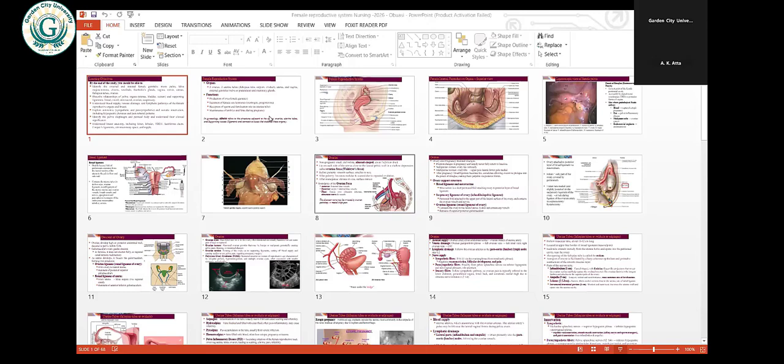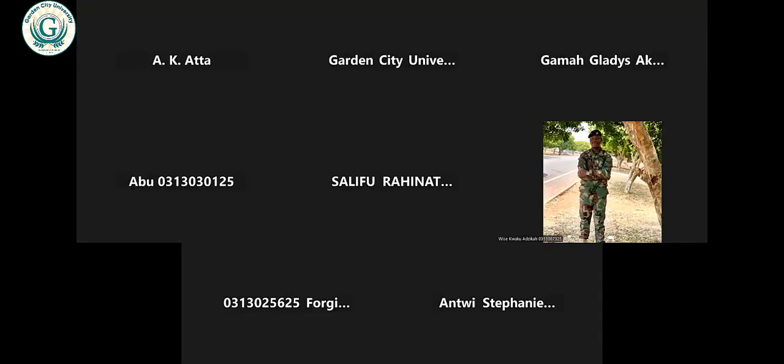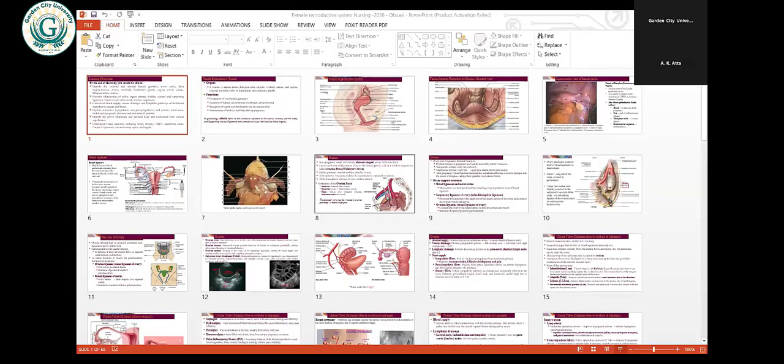Because in the female you are talking about the external genitalia, then you will also be talking about the somatic nerves. And here for the somatic nerves, we'll be interested in the pudendal nerve.